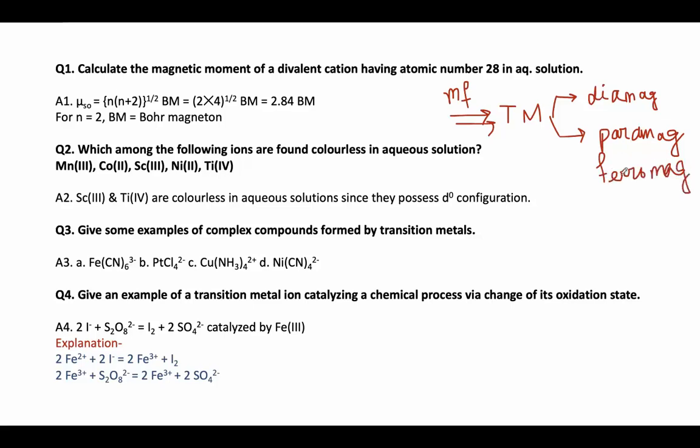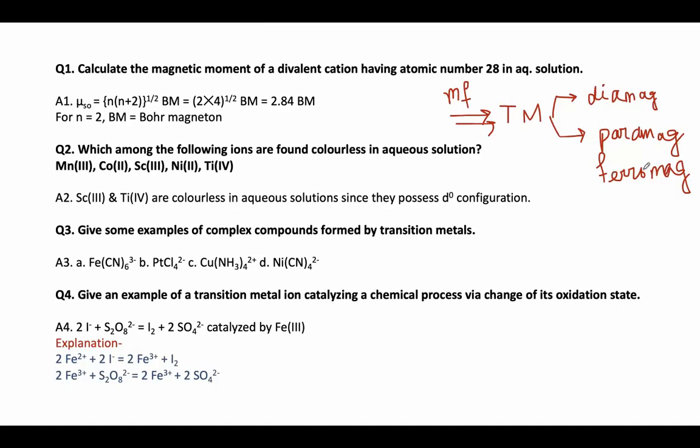Actually, ferromagnetism is an extreme case of paramagnetism. So all ferromagnetic substances are paramagnetic in nature, but all paramagnetic substances are not ferromagnetic in nature. And diamagnetics are those which are repelled by the applied magnetic field, while these two are attracted.